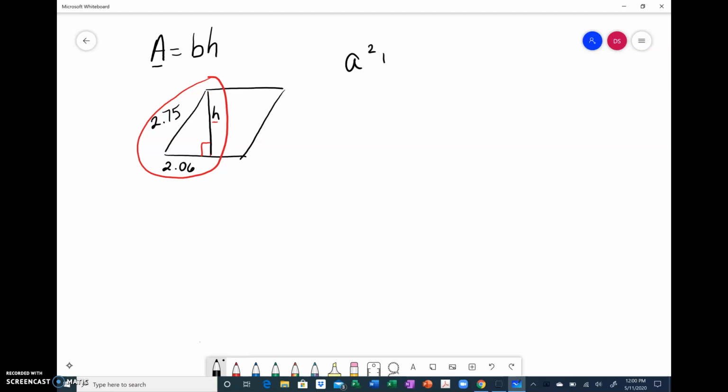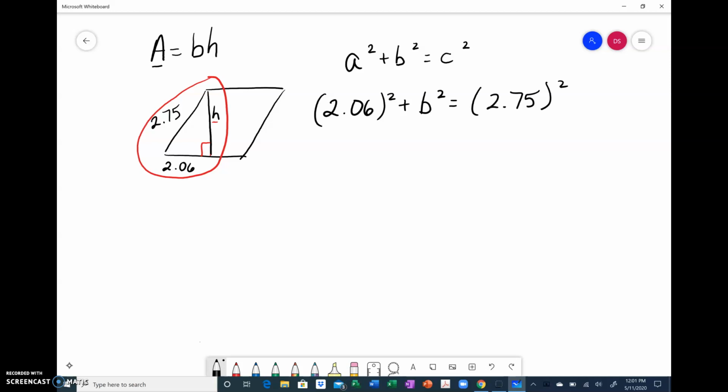A squared plus B squared equals C squared. All right, we know A is 2.06. We're going to square it, plus B squared equals 2.75 squared.